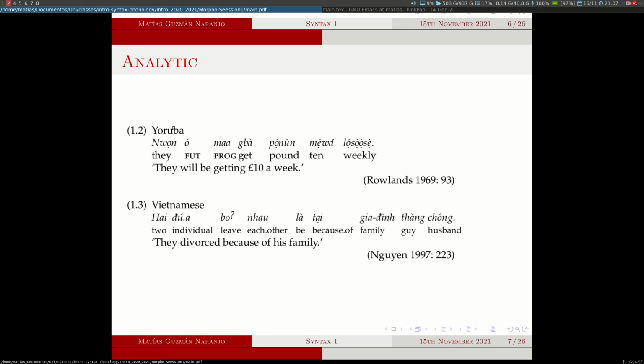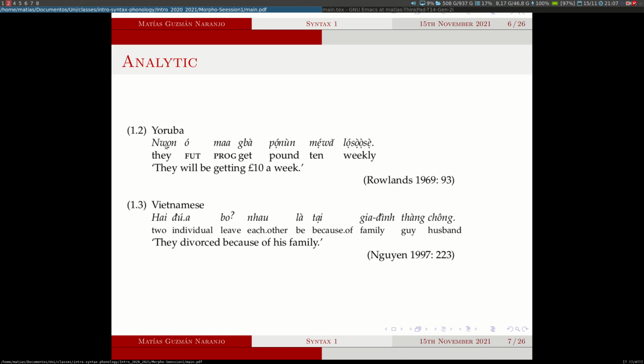Here you have a sentence in Yoruba. Pause the video and take a look at it. I don't know if this is the first time you've seen glosses. This is a standard way of presenting sentences in linguistics.